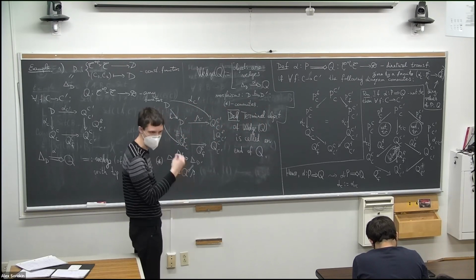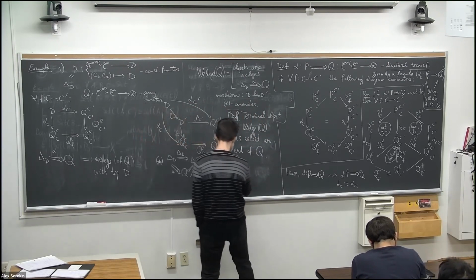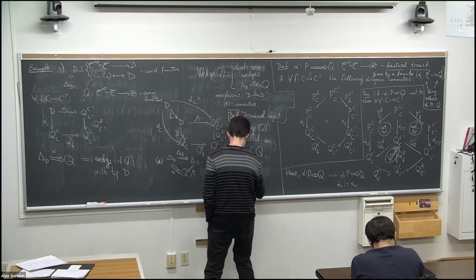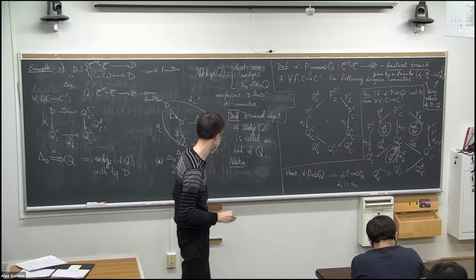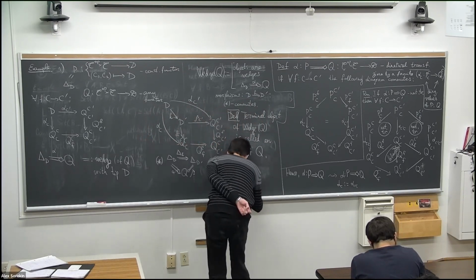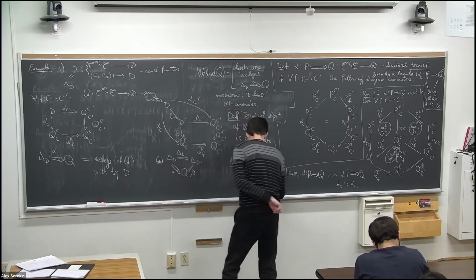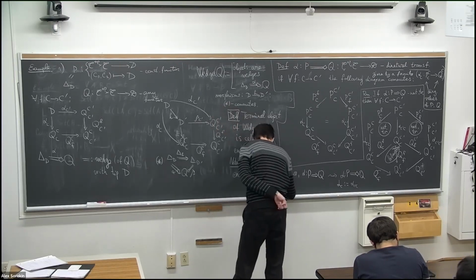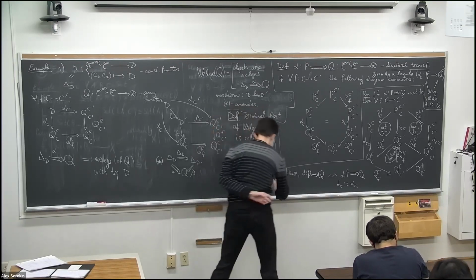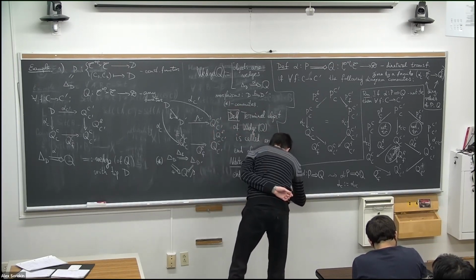So the wedge through which everything factors. Notation: we will write the end of Q as an integral, Q C C sub C, or sometimes just integral sub C of Q.